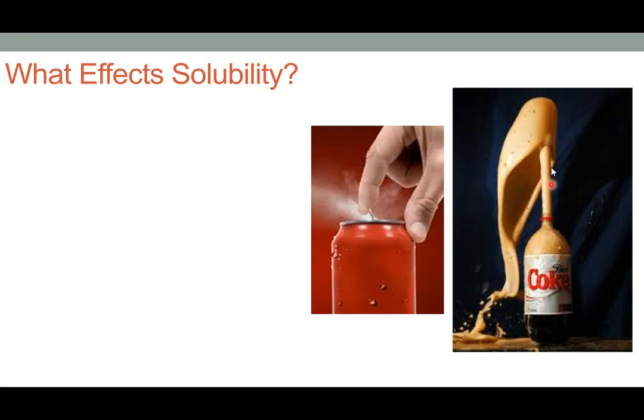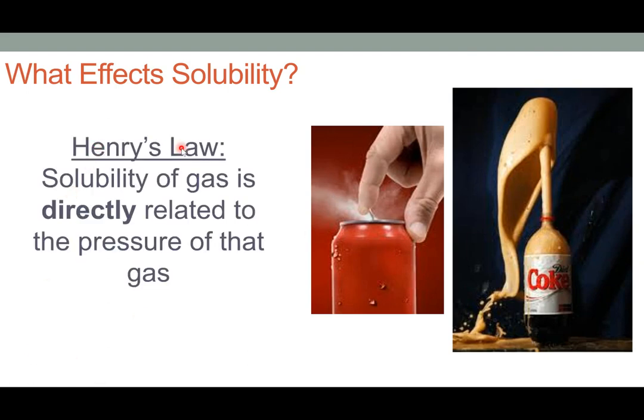So here's kind of a dramatic picture of it, and here's a less dramatic picture. So for some reason, this is given a name. It's called Henry's Law. But Henry's Law tells us that the solubility of a gas is directly related to the pressure. So when the pressure goes up, the solubility of the gas also goes up. When the pressure goes down, the solubility of that gas also goes down.